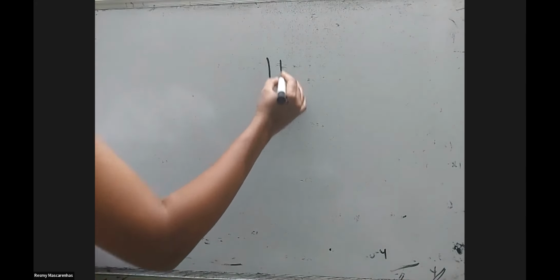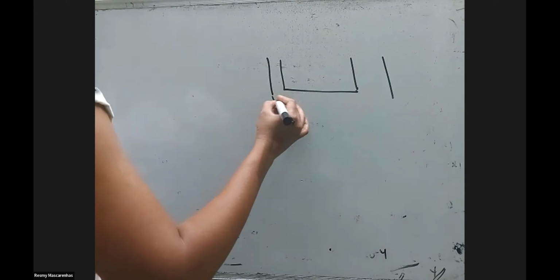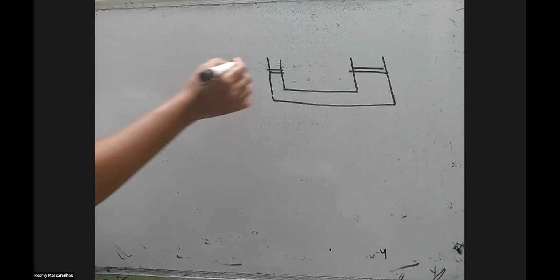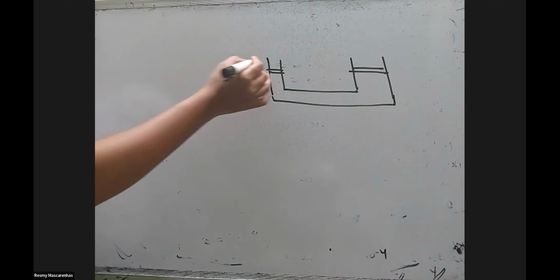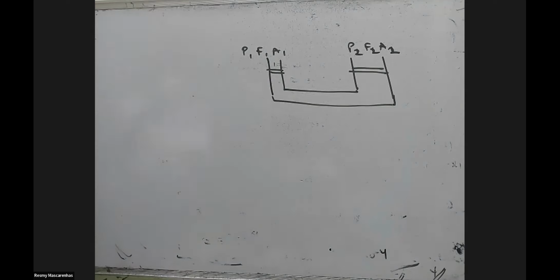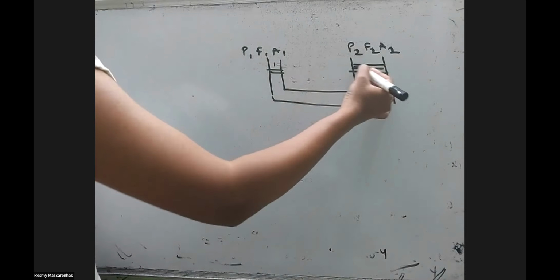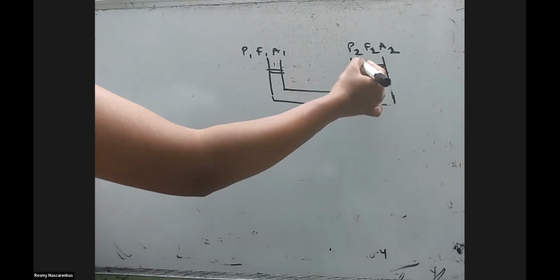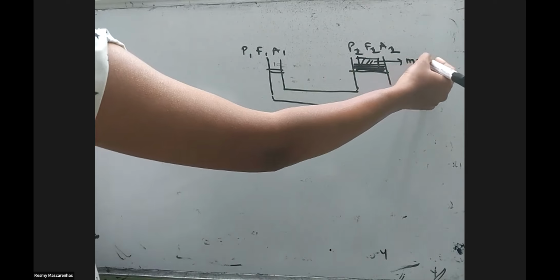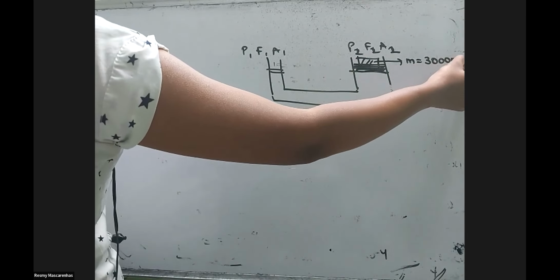There's a hydraulic lift. Now, in a hydraulic lift, the load is always kept on piston 2. The load here means a mass of 3000 kg.